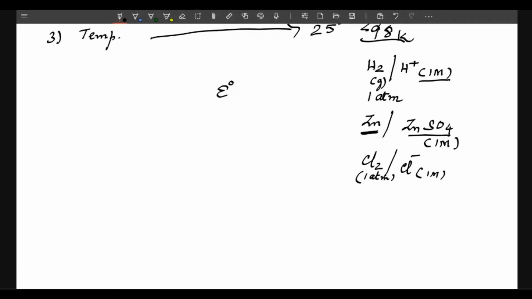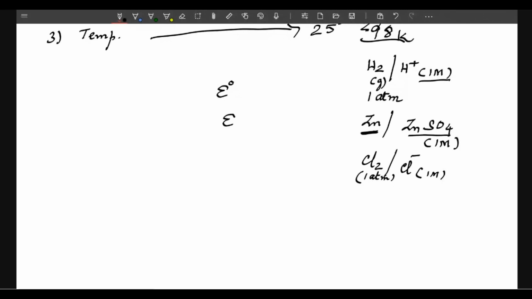And the 0 indicates the standard condition. Therefore, for anything, it is represented as epsilon naught. And for non-standard condition, that is, if either temperature is changed, it is called a non-standard condition.